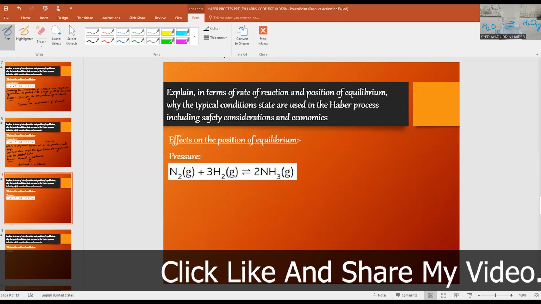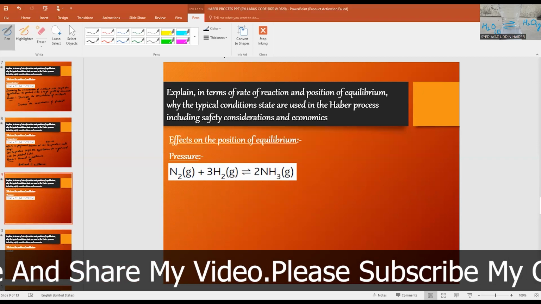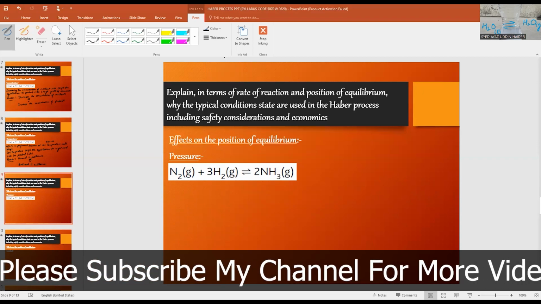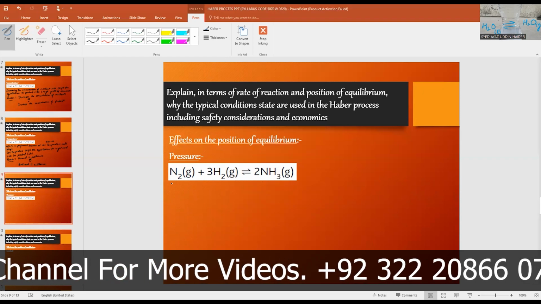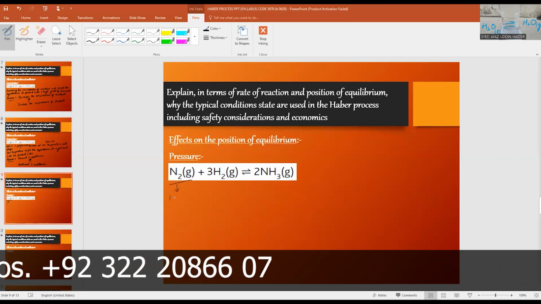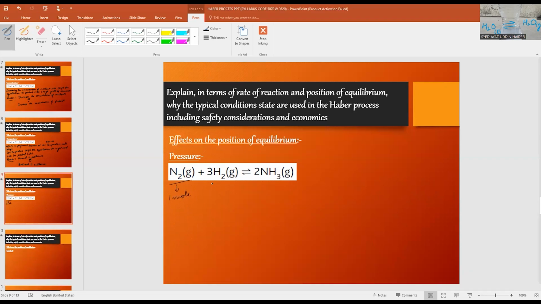Pressure. Now I will talk about the effect of pressure on the equilibrium. Here there are only gas molecules on both sides of the equation. 1 mole of nitrogen gas reacts with 3 moles of hydrogen gas to give 2 moles of ammonia gas. You can even refer to molecules or volume of gases instead of moles.